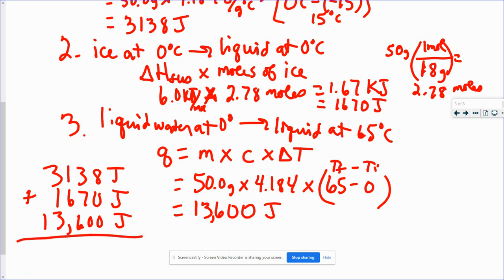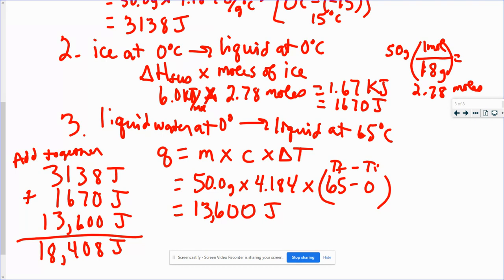So adding up my 3 steps, I get 18,408 joules. Okay, and that's how much heat total it takes.